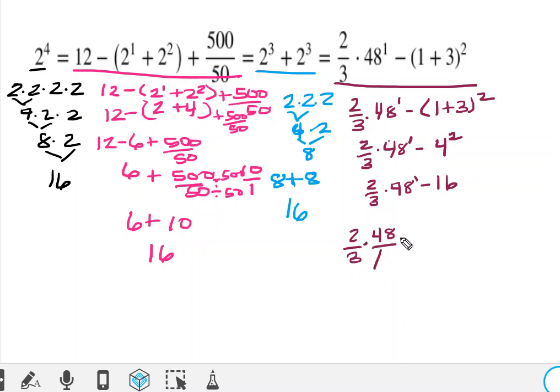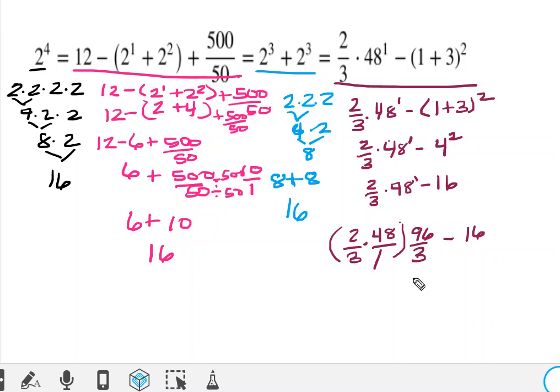2 times 48 is, what is that, 96? 96 over 3. Now let's simplify that, so that we did this here to get to this point here. Minus 16. Let's simplify 96 over 3. How many times can 3 go into 96?